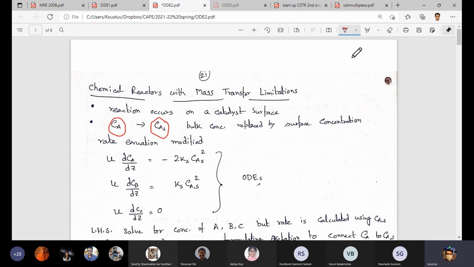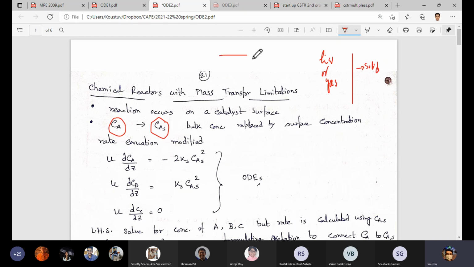So when we say surface, that means there is something on this side, maybe let's say liquid or gas, and then you are encountering a different phase, which could be a solid phase.